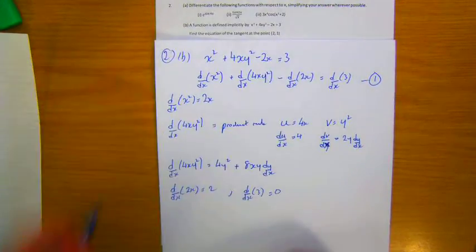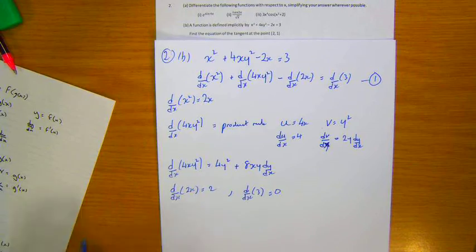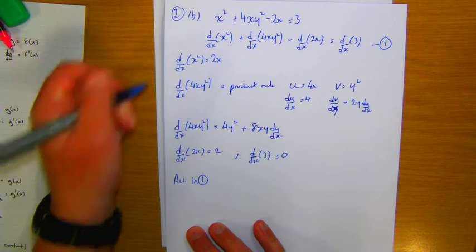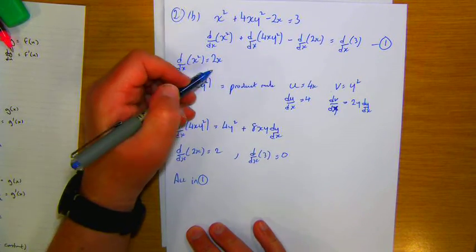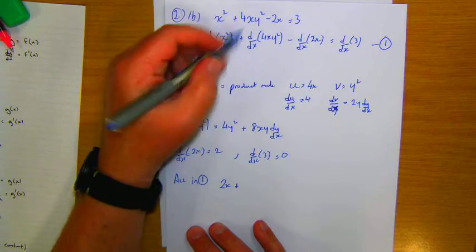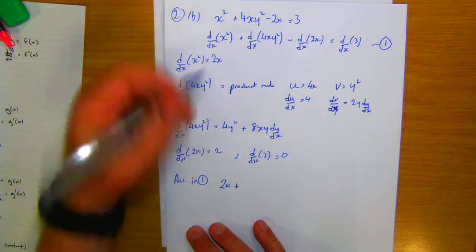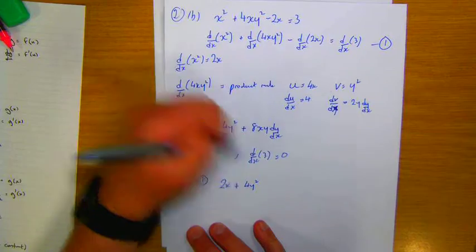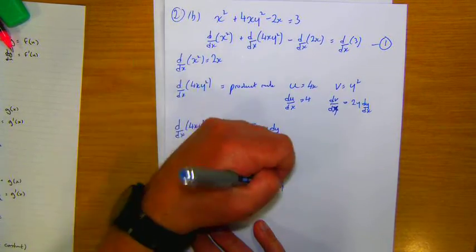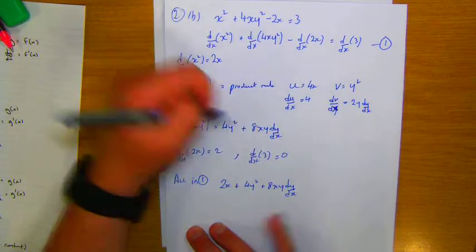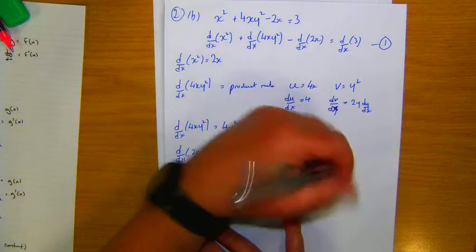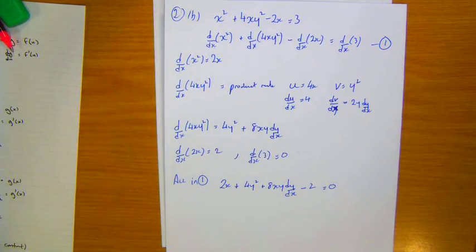So rebuilding all of that information into equation 1, I get that, which is 2x, plus this, which is that, 4y squared plus 8xy dy dx, minus 2 equals 0.